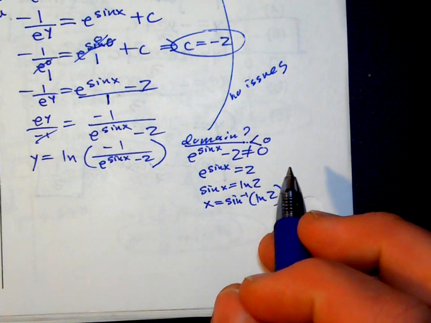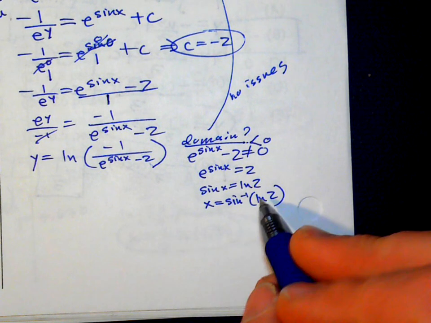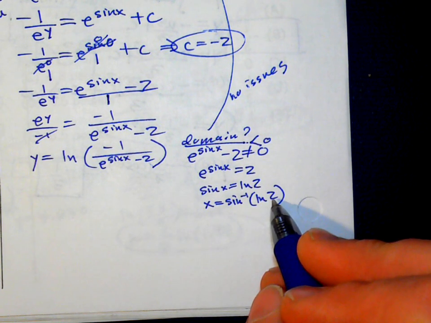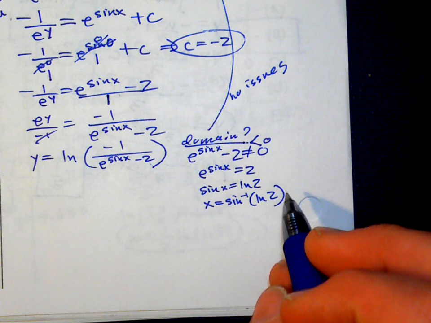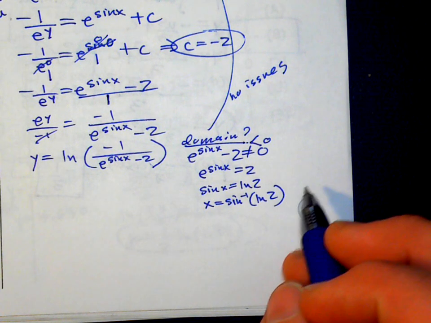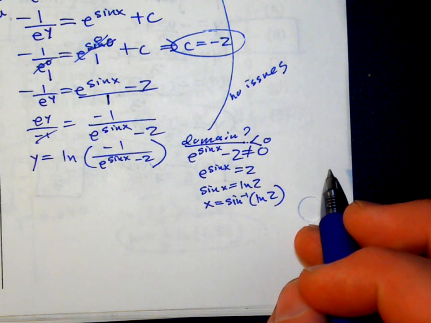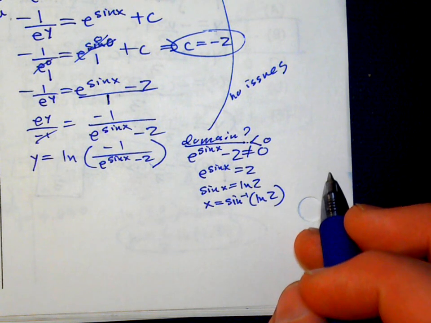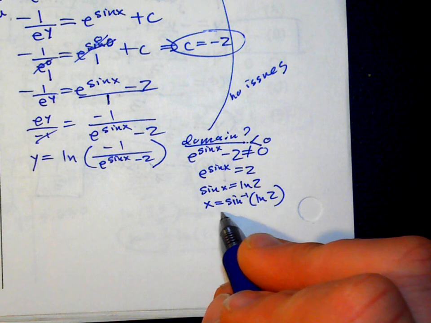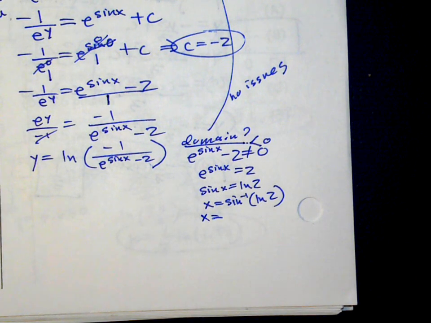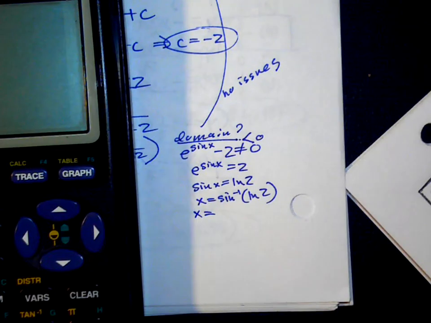Now, I think the best thing we need to do is try and figure out about what value this is. Now, natural log, this is a little crazy. If we went ahead and used our calculator here, it'd be a lot easier.